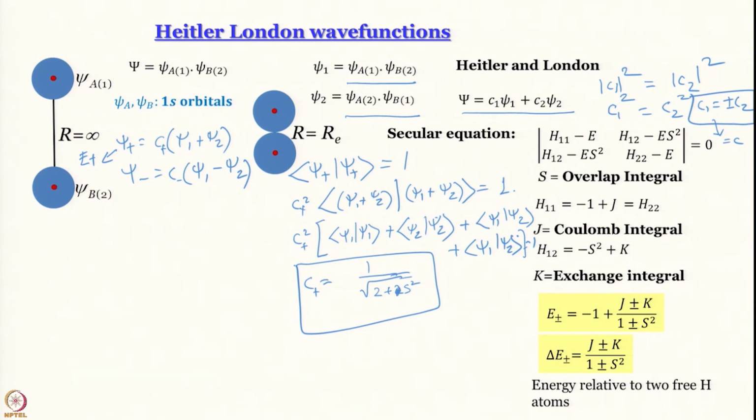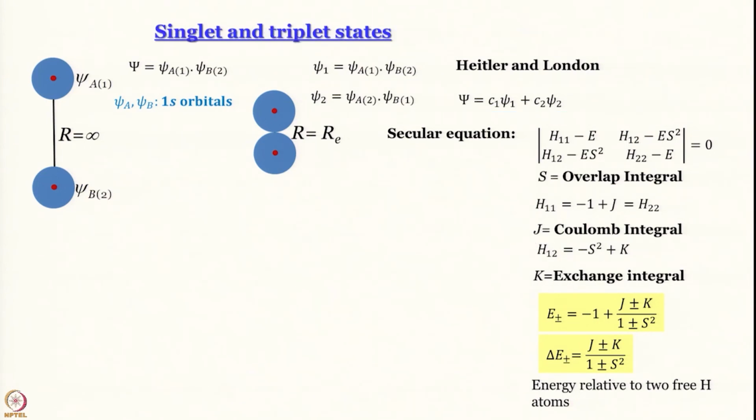Now, we go ahead and say something else. See, we have got 2 things. One is 2 wave functions, right. One wave function is something like psi 1 plus psi 2 multiplied by C plus, which we have worked out, or rather you are supposed to work out, and the other one is C minus multiplied by psi 1 minus psi 2. So, if I write this out, what do I get?